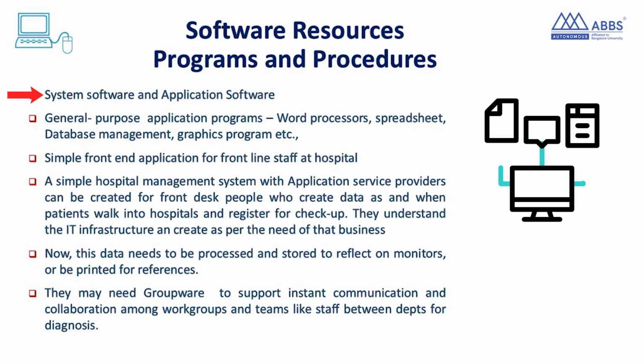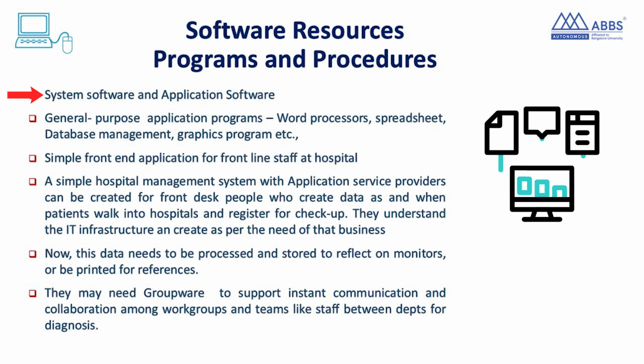In software resources, we have programs and procedures like application programs and system programs, or in other words, a set of programs which is useful for the system by itself to perform activities, which is called the system software. In the last session we discussed how different types of operating systems or system software play a major role in defining the processes which are very important for the business activities.